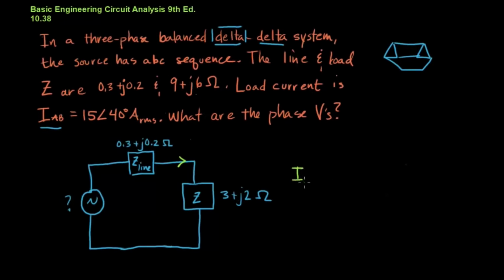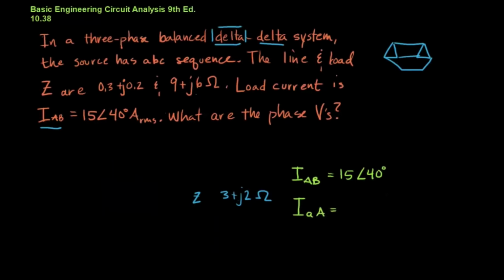Okay, so we have our IAB, and IAB is not this current, right? Because we just explained why that doesn't work. If we have IAB equal to 15 angle 40, then by our conversion factor, we want to get IA, right?